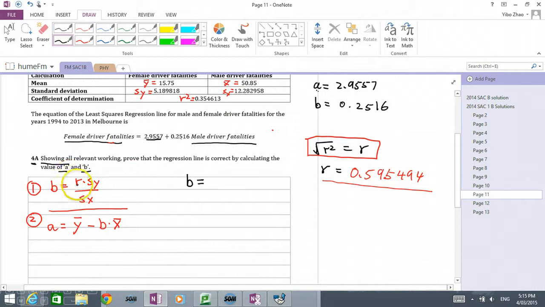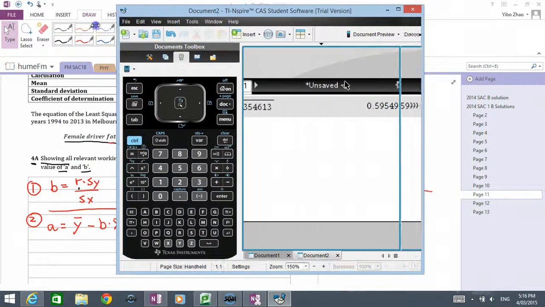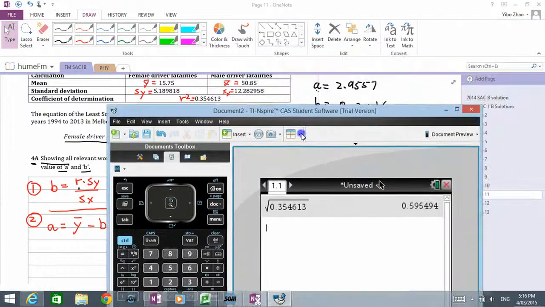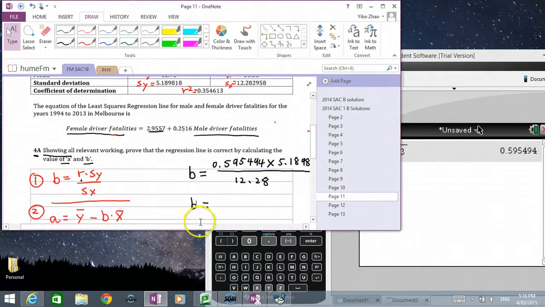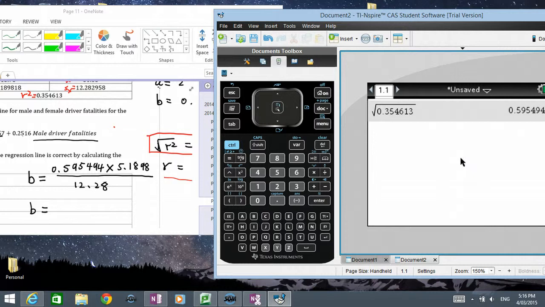So according to the formula, I have my r value, which is 0.595494, times my standard deviation in y, which is given here, 5.1898, divided by the standard deviation in x, which is 12.28. Then I type it in my calculator.